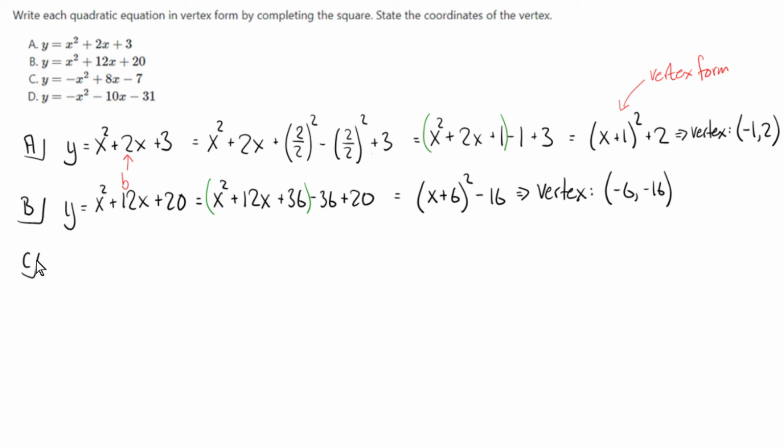Our third quadratic equation is y equals -x squared plus 8x minus 7. So in a and b, these two quadratic equations have the numerical coefficient a, which is the coefficient in front of the x squared term, equaling 1.